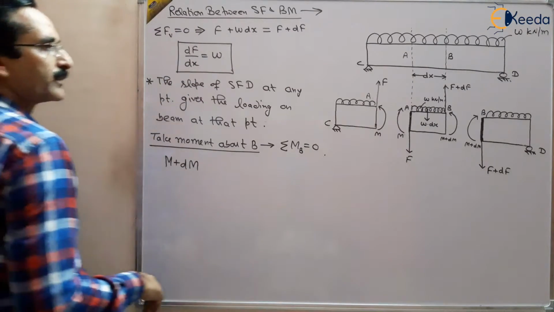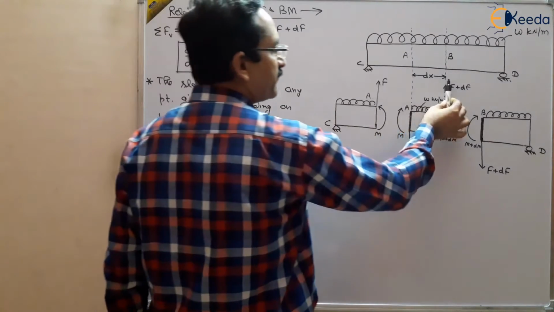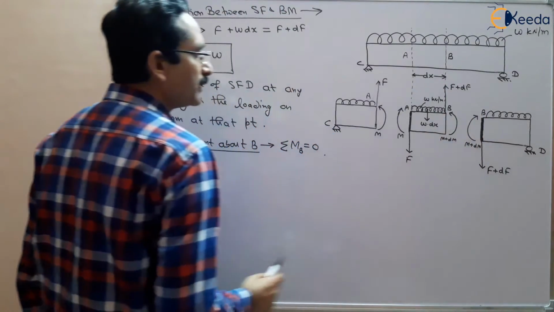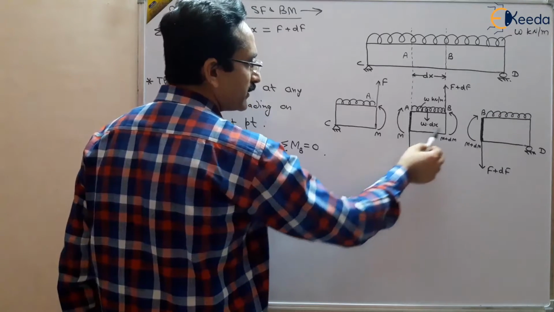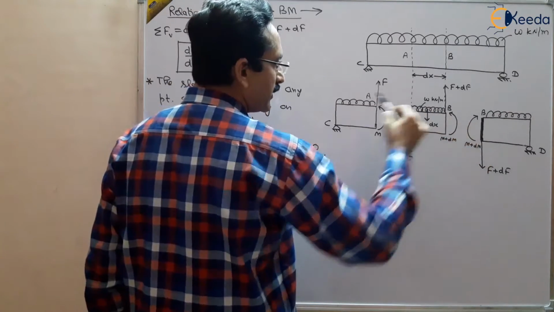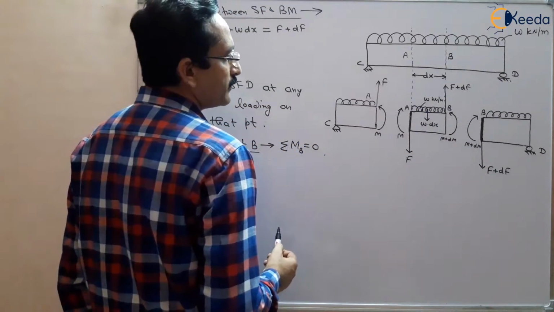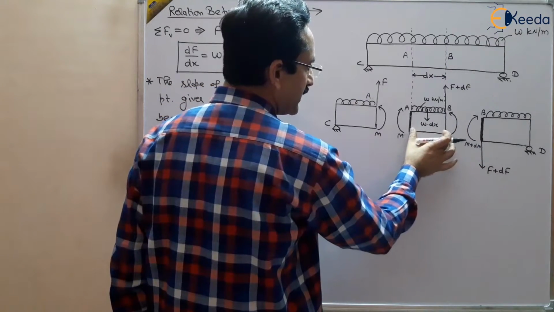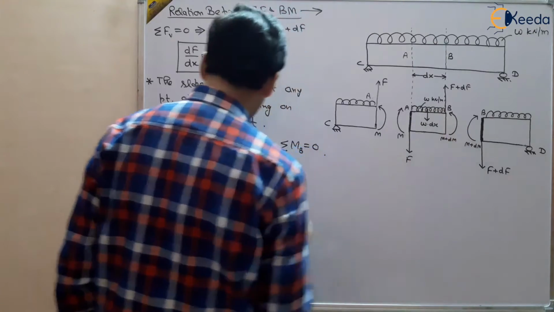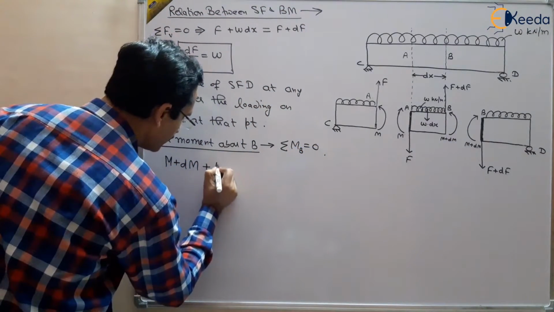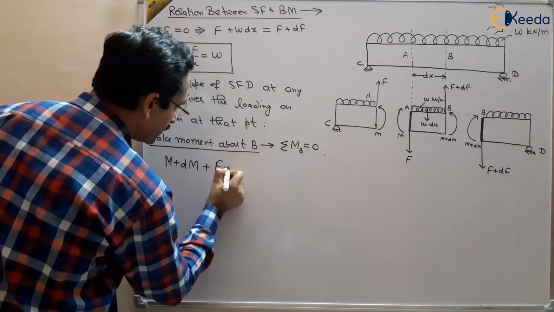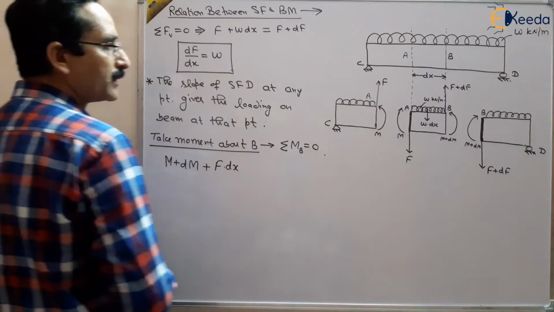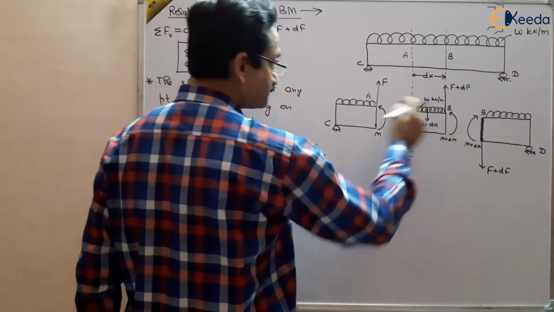F plus dF will not have any moment because it is itself passing through B. This F will have a moment, which is anti-clockwise. So F multiplied by dx, the force multiplied by the distance, is an anti-clockwise moment, so plus F dx.